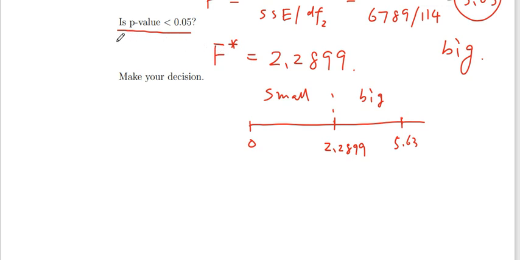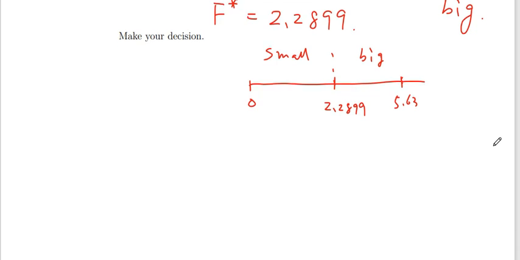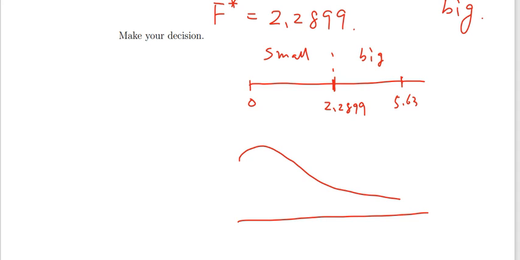Let's say we want to compare whether the p-value is larger or less than 0.005. Suppose this is a distribution, here is 0, and this point here is 0.005. This F star is just the cut point for 0.005.